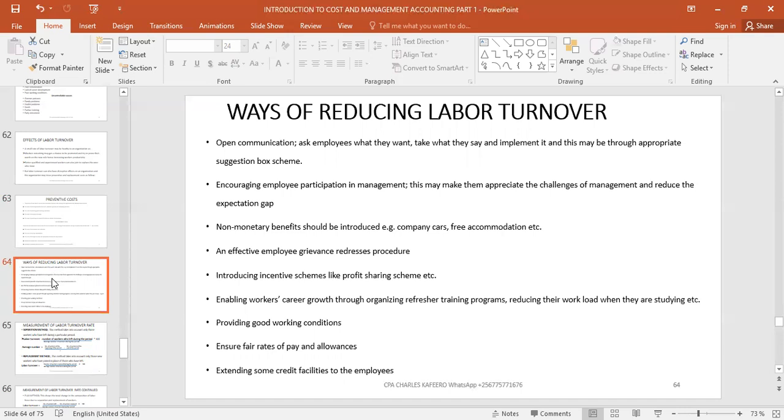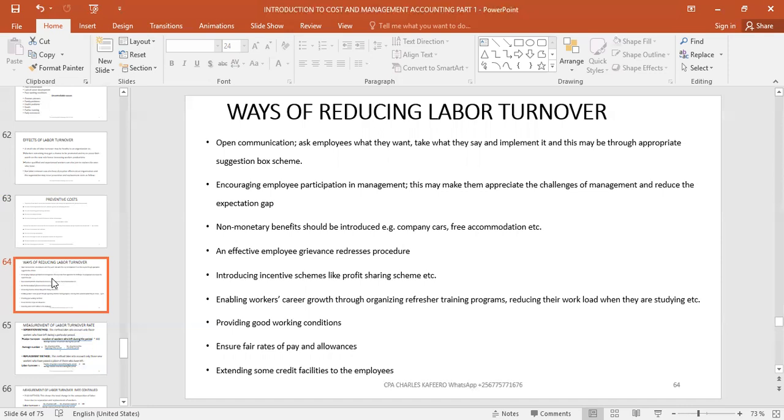The other scenario, you can even put a suggestion box where employees put in their complaints, and with time you pick those complaints and try to improve on some. You may not do all of them, but at least you give a change to whatever scenarios those employees were facing.